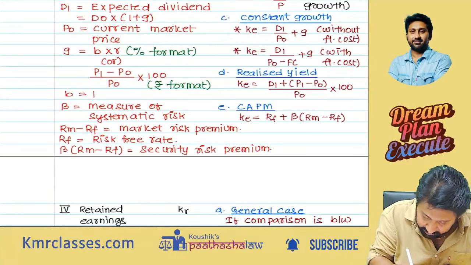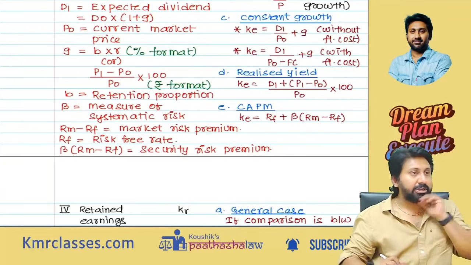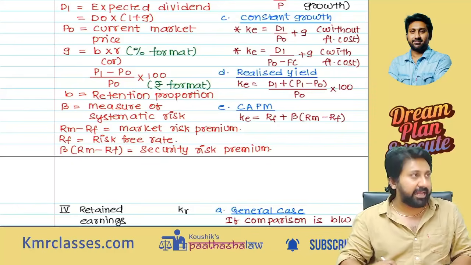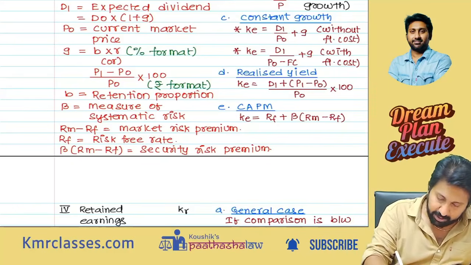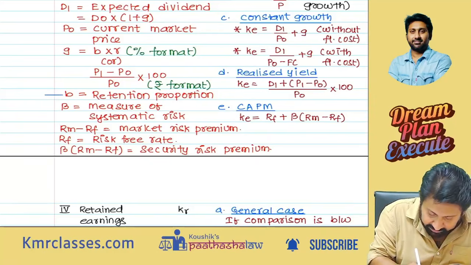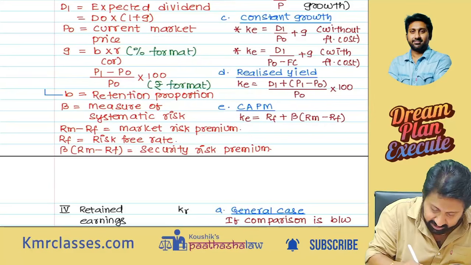B means retention proportion, meaning how much you are retaining. In the chapter called dividends, we will see this.